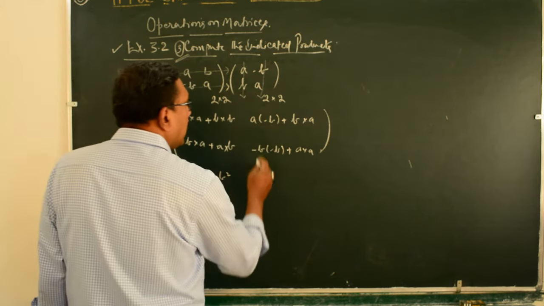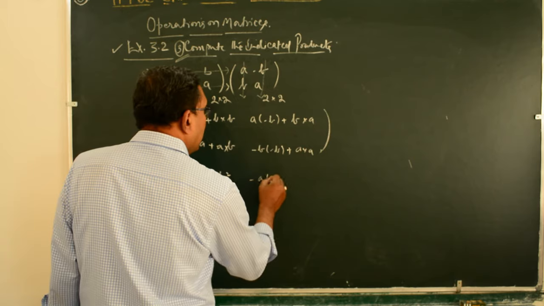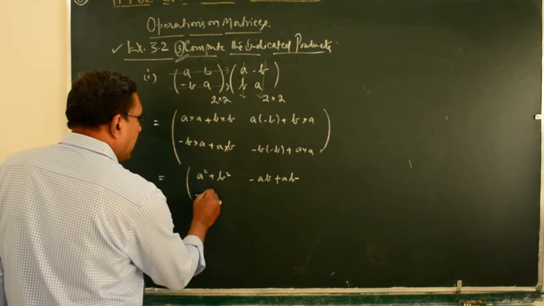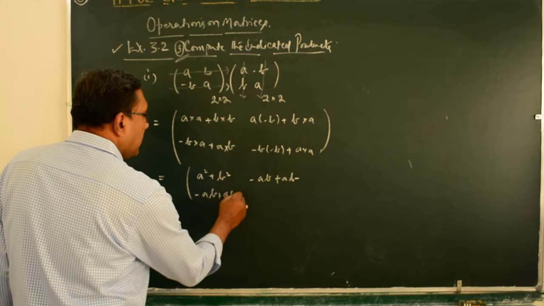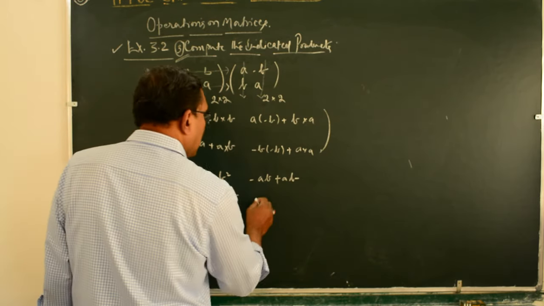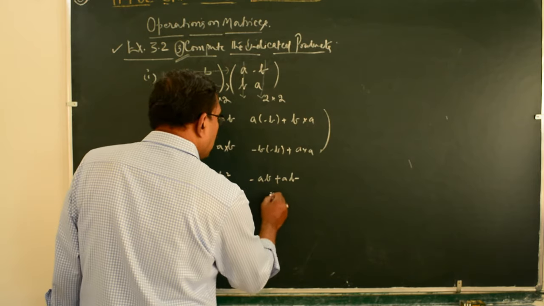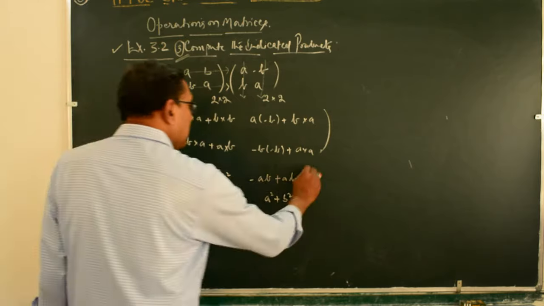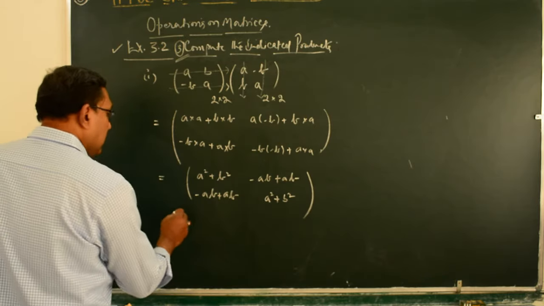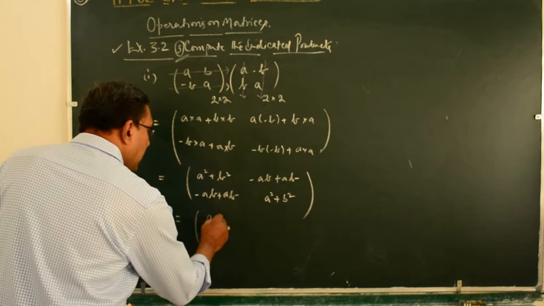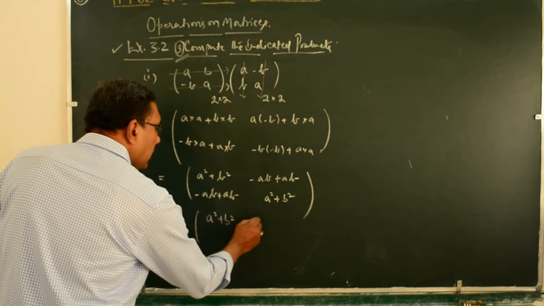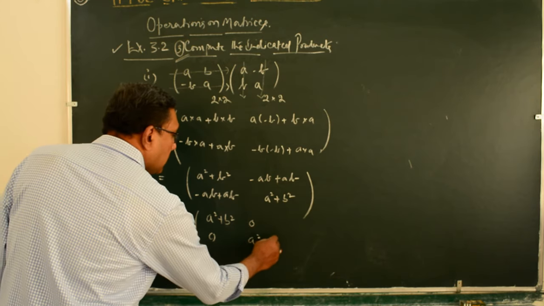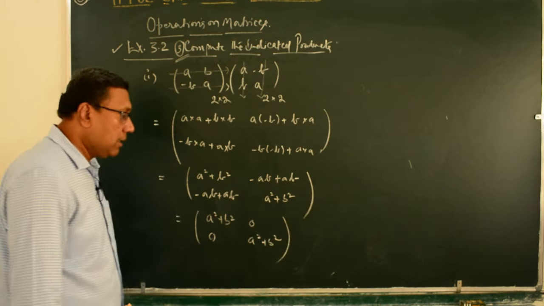Here it is minus AB plus AB, and here it is minus AB plus AB, and here it is minus into minus, A square plus B square. Minus into minus is plus. So, these two get cancelled. So, the resultant matrix is A square plus B square, 0 and 0, A square plus B square, which is a diagonal matrix.